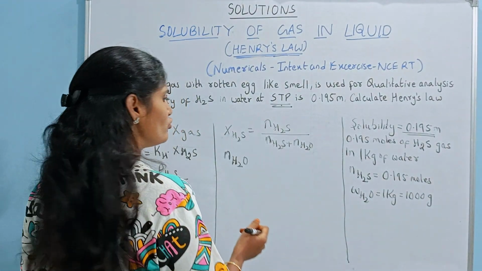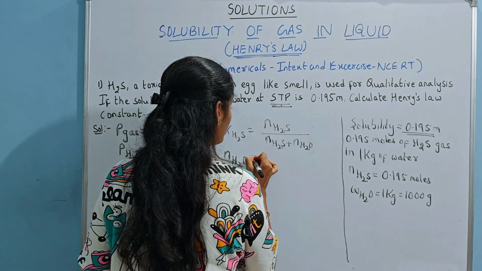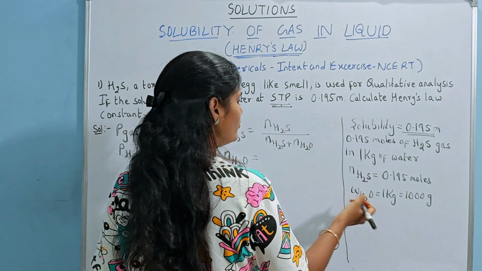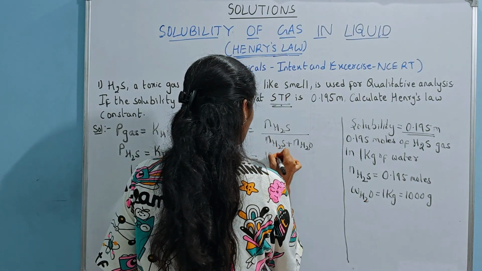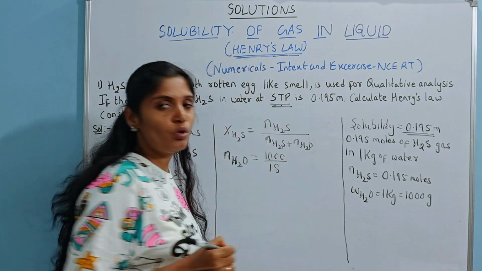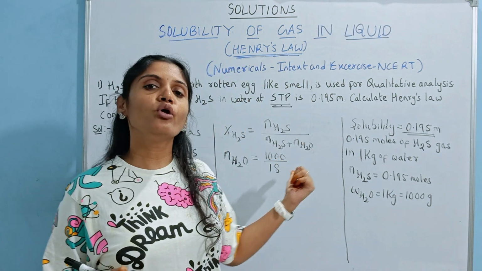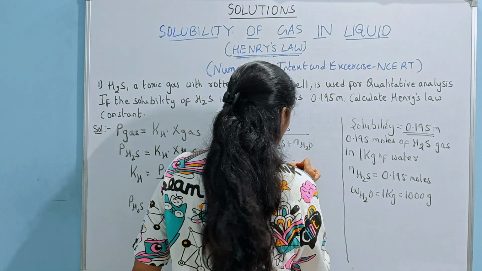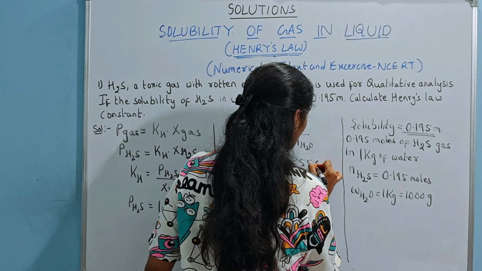Now, how can I find the number of moles of H2O? Number of moles of H2O is equal to weight, 1000, divided by the molar mass of H2O, which is 18. I told you in previous sessions that you have to remember this value because it keeps coming up repeatedly in many chapters.